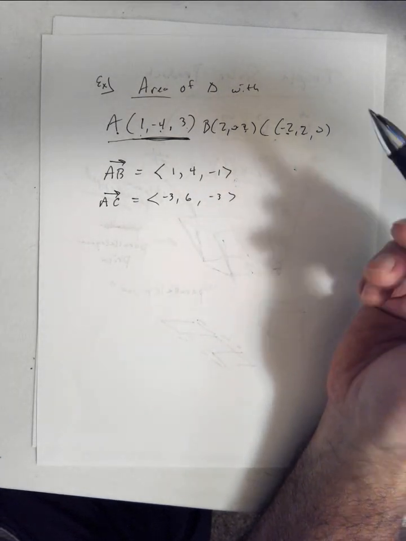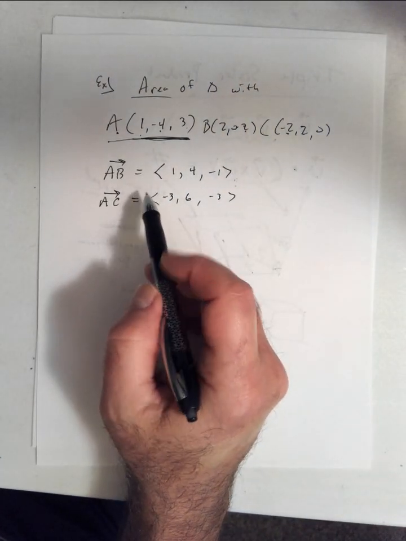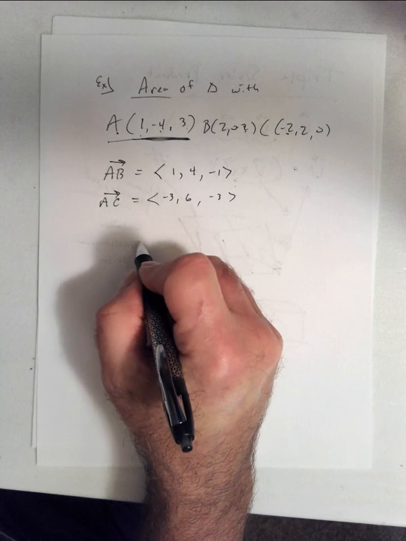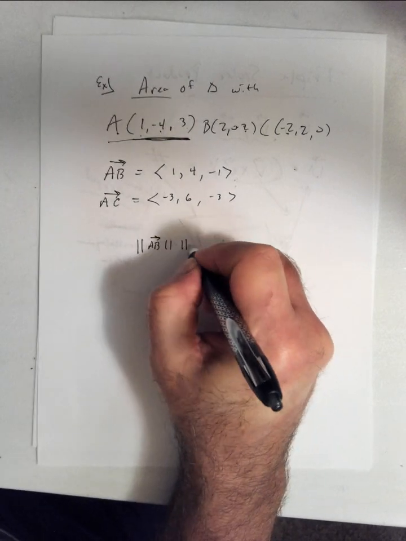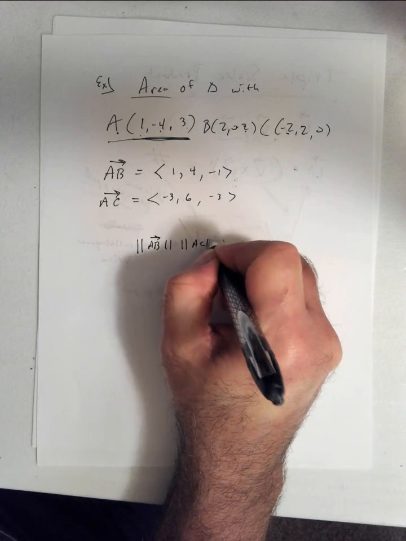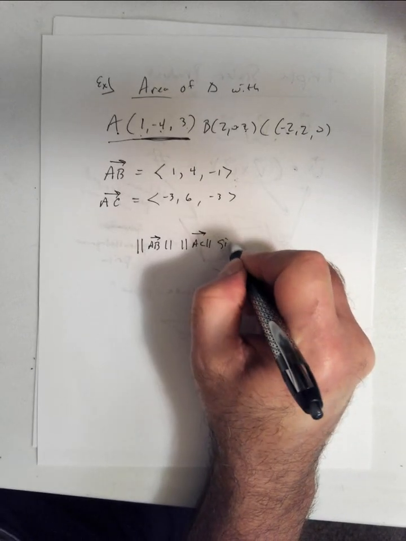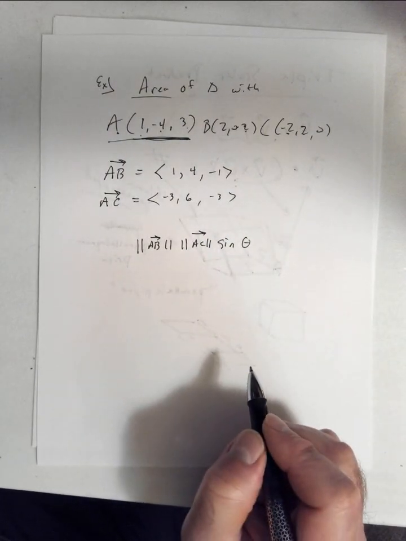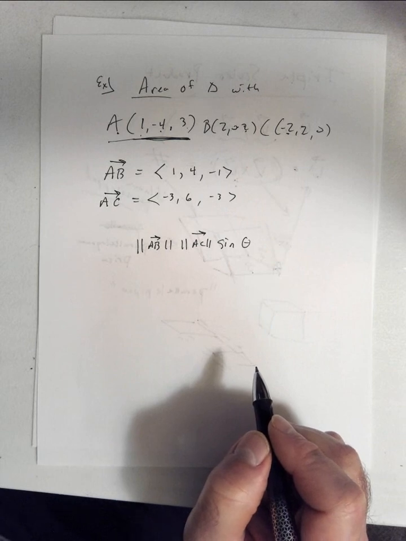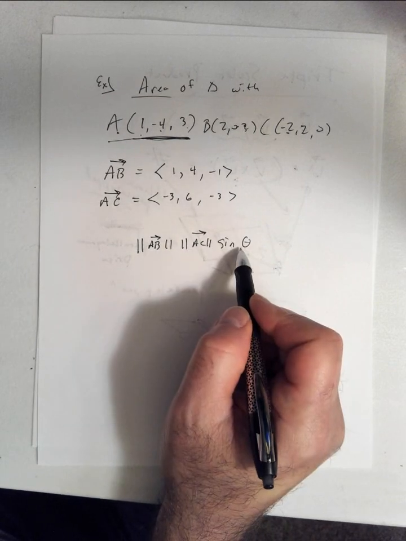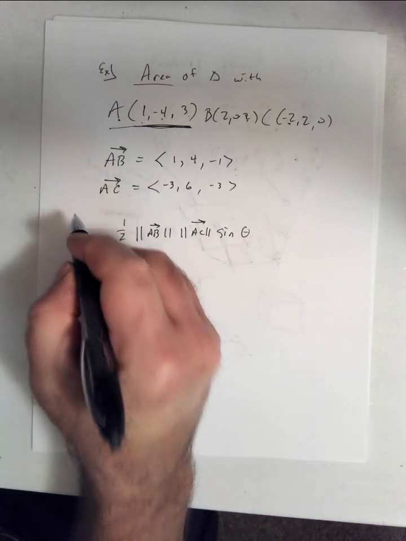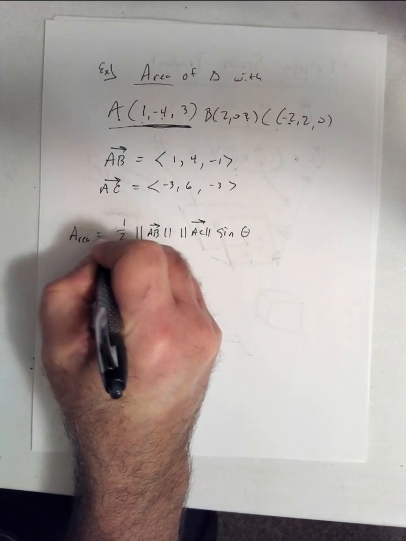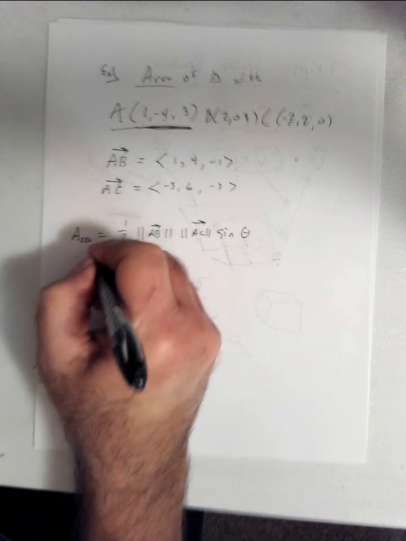But now, if you remember a few minutes ago, the magnitude of AB times the magnitude of AC times sine theta becomes the area of the parallelogram formed with those 2 sides. So if we cut it in half, now we have the triangle area.